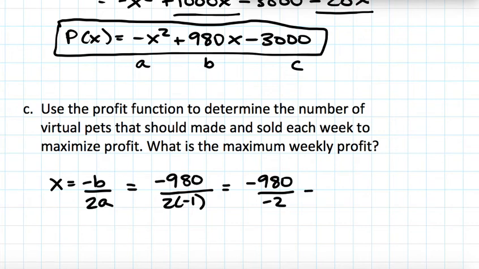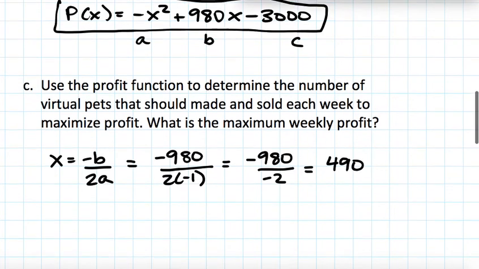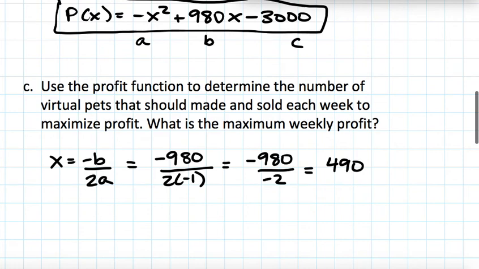It wouldn't really make sense to have a negative number of products to make. So when I divide these, I get 490. So remember, x is number of products, and that tells me that I need to make 490 products in order to maximize profit.